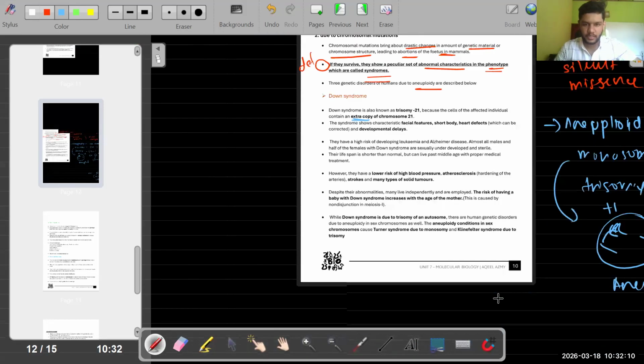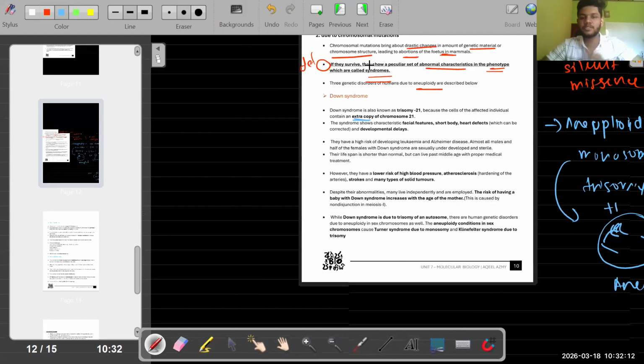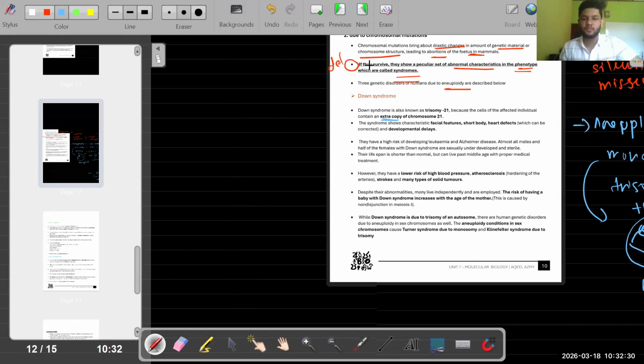Right? Okay. Now under Down syndrome, what they are saying is Down syndrome is also trisomy 21. Just highlight that word, trisomy 21. Trisomy depicts one chromosome more. Okay. 21. What does this 21 mean actually? If you ask what that means, this is what they are meaning.